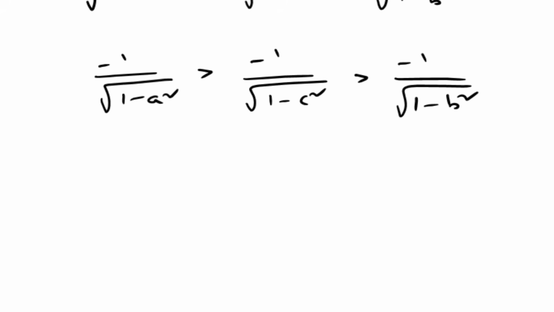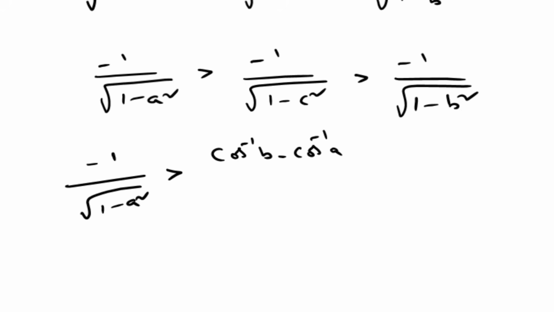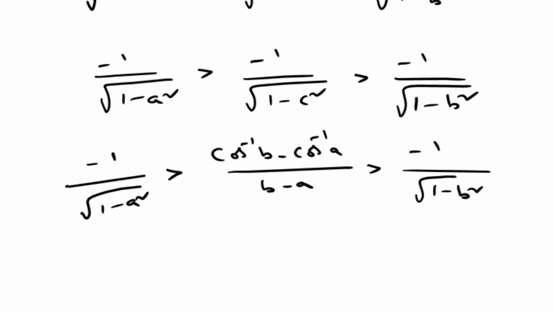We can write 1 by under root of 1 minus a square is greater than cos inverse b minus cos inverse a by b minus a greater than minus 1 by under root of 1 minus b square.